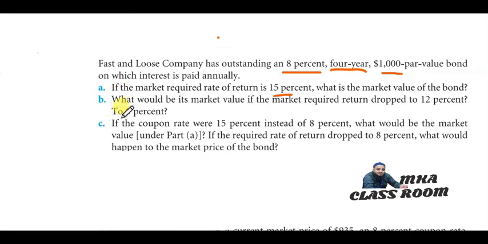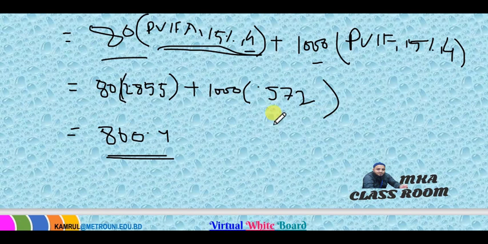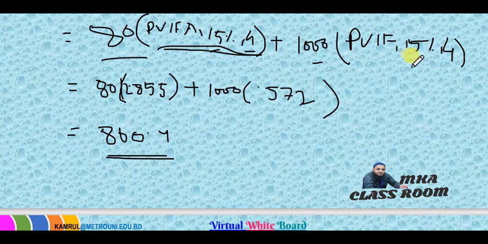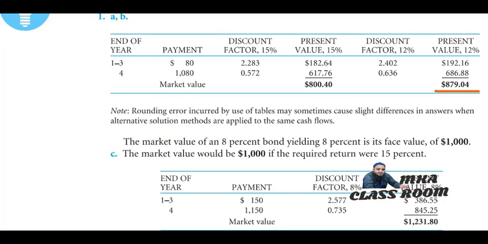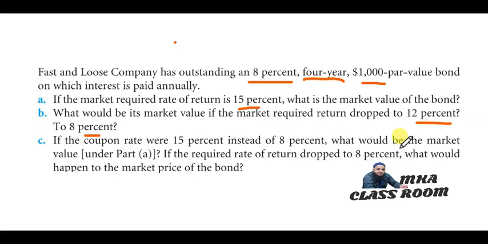That is the answer to A. And for answer B, in the same way you will change your required rate of return from 15% to 12%, then 8%, then you can calculate that value easily.